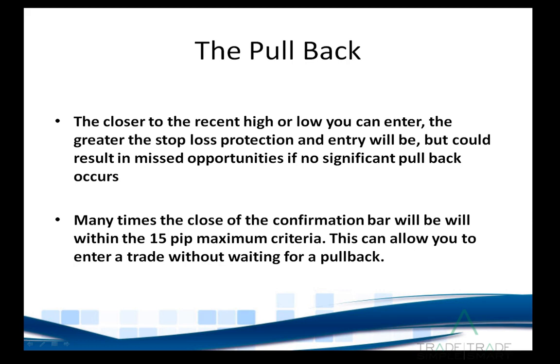So if you have identified a stop run candle and you've seen the manipulation take place in an identified area, and you receive a confirmation up or down, and for example, if the confirmation candle's close is within 10 points of the highs, then you can execute the trade immediately before the pullback occurs, and you would have a stop loss 10 points above the most recent high or low.